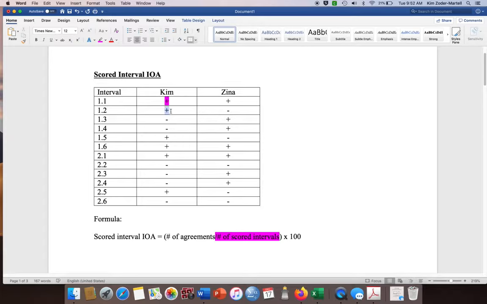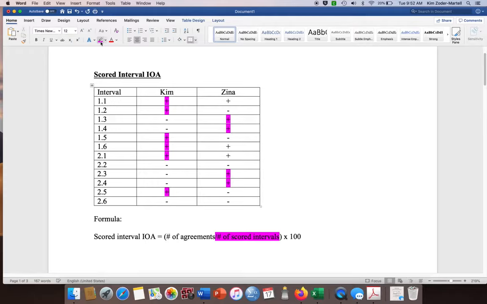Here, Kim said that the behavior occurred, but Zena said that it didn't. Zena said that it occurred here. Kim said it occurred here, as did Zena, so ultimately that will go into the agreement. Kim didn't say anything here, but Zena did. And then Kim said yes here.